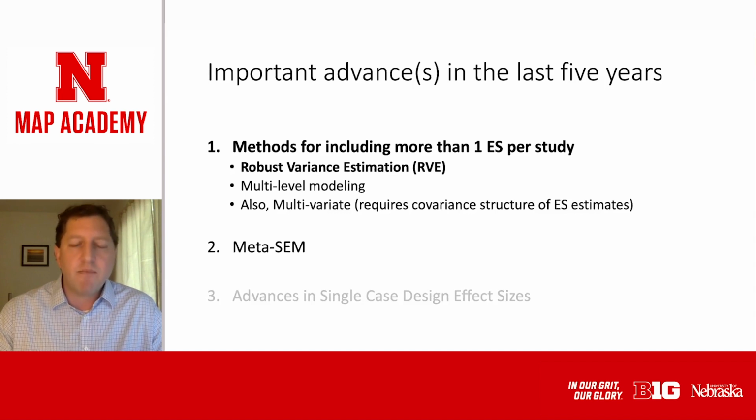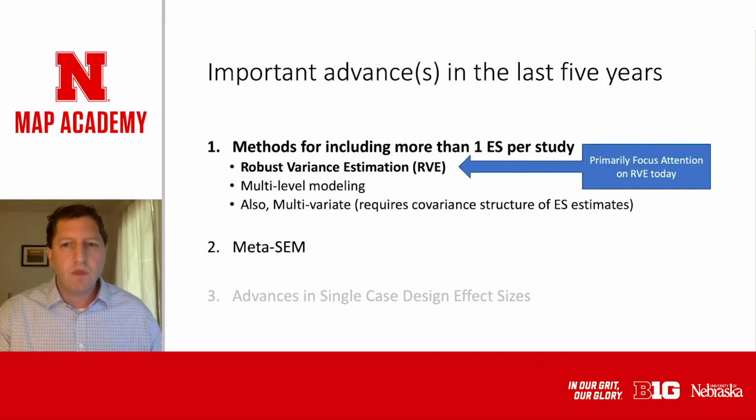They're not quite comparable to effect sizes in group design research, and so it's not something that we can necessarily combine with group design meta-analyses. But I think there have been some nice advances. And so I invite you to go look at the literature if you're really interested in single case design. I think that there are some good ways to do meta-analysis with single case design these days, but I probably won't spend any more time on that unless people have questions later. I'm going to primarily focus on robust variance estimation. I will talk a little bit about multi-level modeling as well.